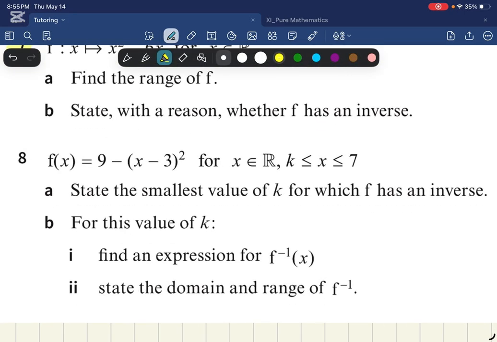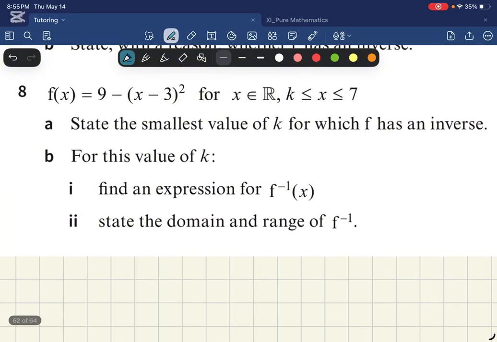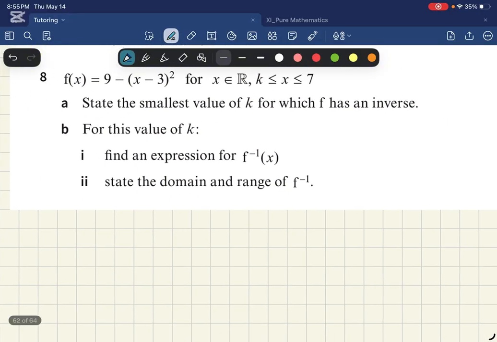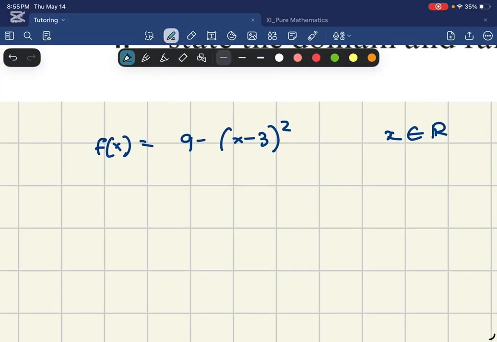Question 8. So we are given an expression for f of x. f of x is equal to 9 − (x − 3)² for x real numbers. And we are given a restriction for our domain. State the smallest value of k for which f has an inverse. So let's draw the graph.